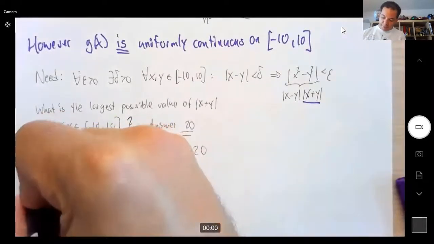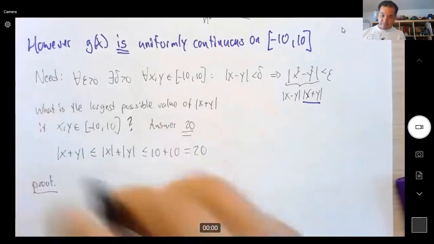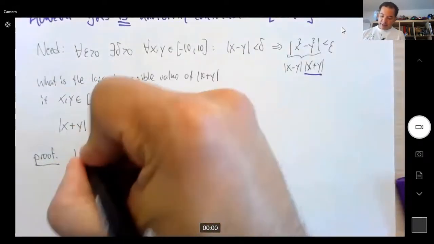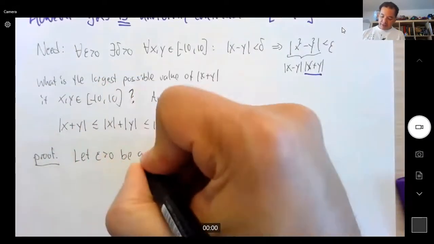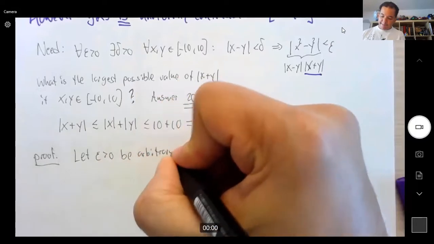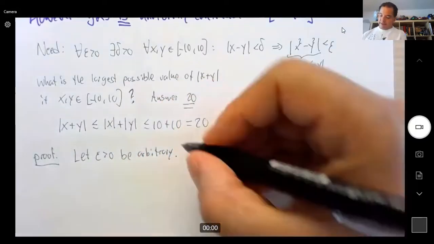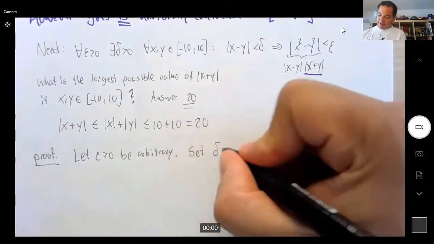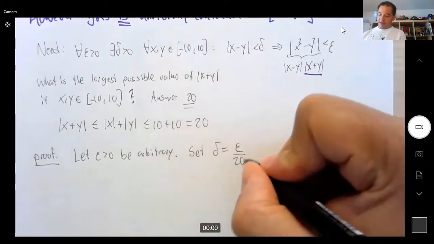So here's the proof. Let epsilon greater than 0 be arbitrary. Set delta equal to epsilon over 20.